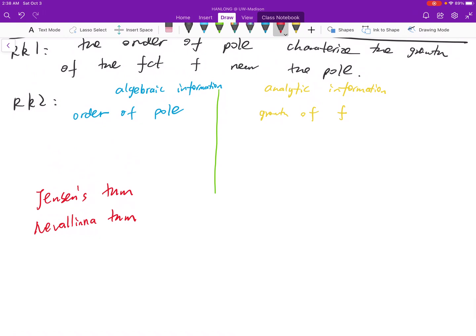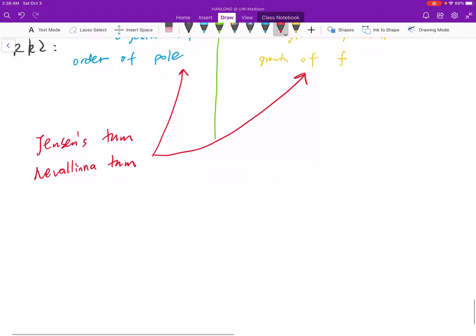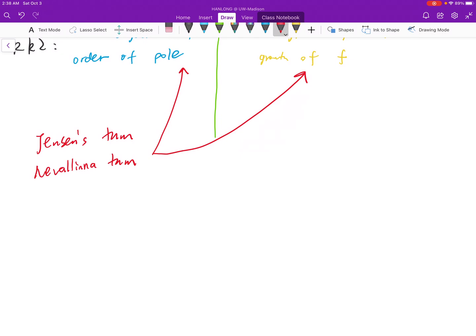They also relate the order of pole, but now probably your function has poles, has zeros, how to group them together. And then on the other hand, you have the growth of function, analytic property of the function, maximum value of the function on the circle. Yeah, so if you have interest, you can look up this.